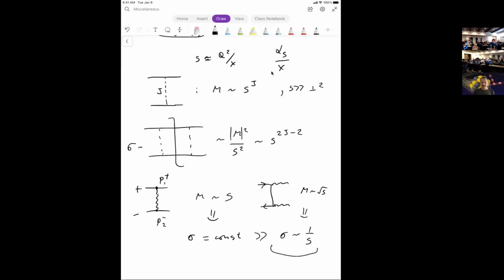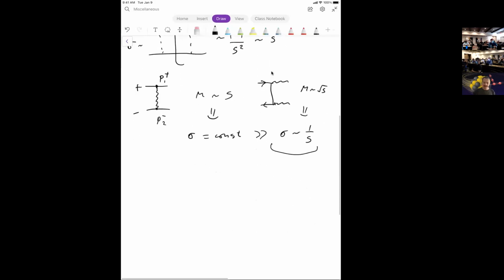You quantize at a fixed light cone time rather than fixed time, right? I'm not going to go into the details.